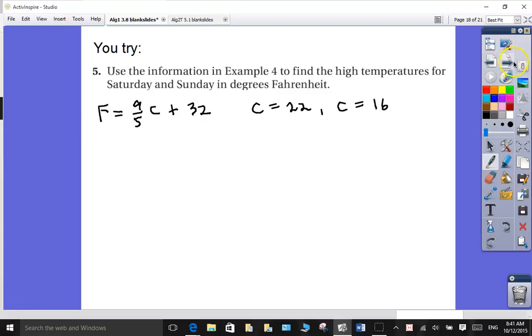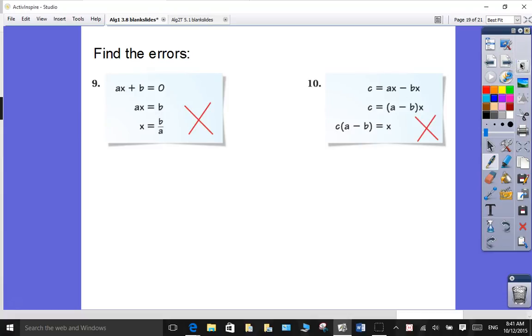Okay. I'm not going to do that. Spot the errors. Okay, what did they do wrong? If you subtract b from both sides, actually then it's a negative b. How about this one?